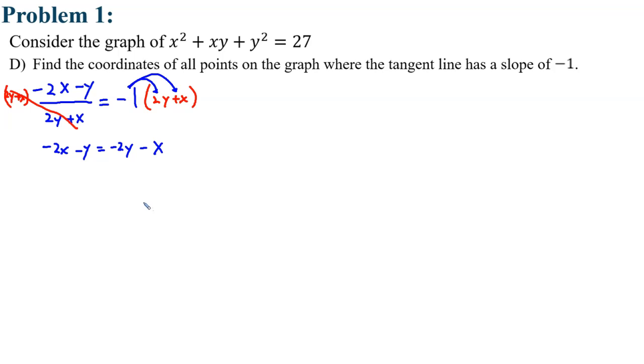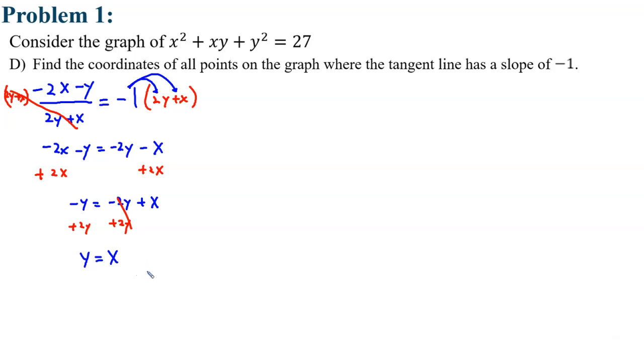And then what we'll do is get the x's on one side of the equation, the y's on the other. As well as keeping things positive, I could add 2x to both sides. That'll give me that -y is equal to -2y plus an x. And then I can add 2y to both sides, canceling here, which will give me just a y is equal to x.